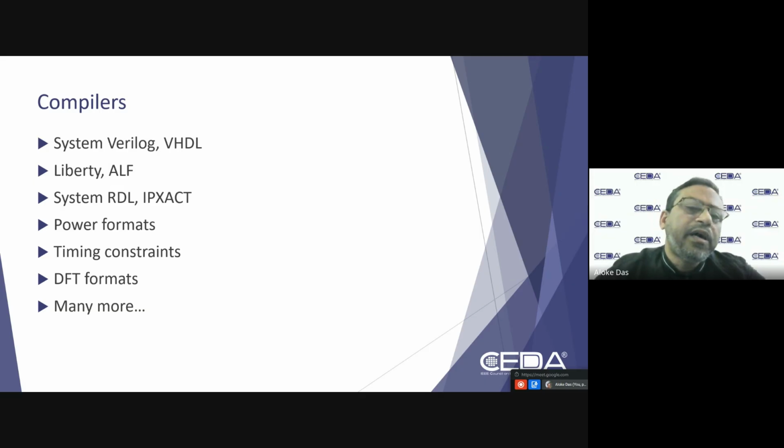They are large languages, with a large number of keywords, large grammar, all those things. Liberty and ALF are technology library formats, a little bit easier than System Verilog or VHDL, but still with complicated grammar.